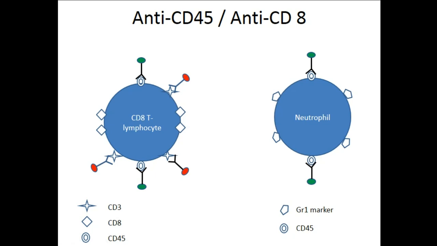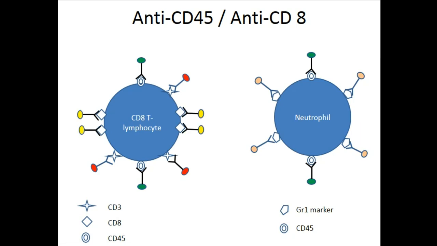On top of that, if we wanted to identify the neutrophil, we'll add an antibody against GR1. GR1 is a receptor uniquely expressed on neutrophils. So if we see this colour being identified from the flow cytometric analysis, we know we've identified a neutrophil. The next step is, we know we've identified a lymphocyte, but what type of lymphocyte?